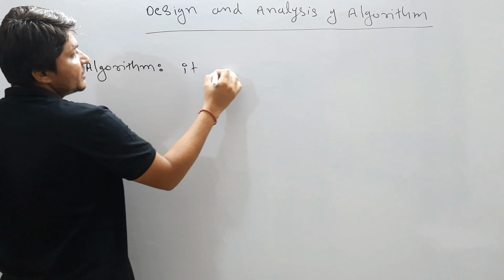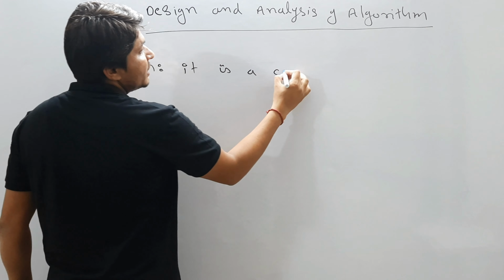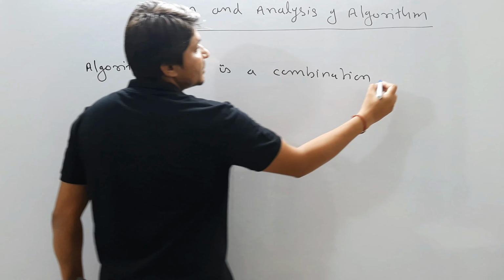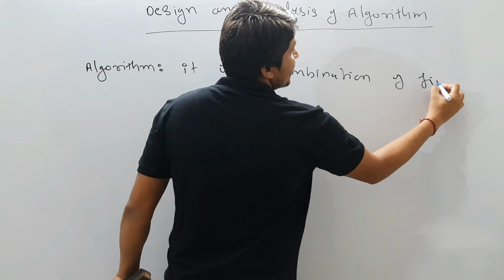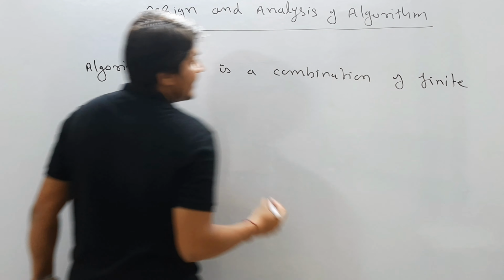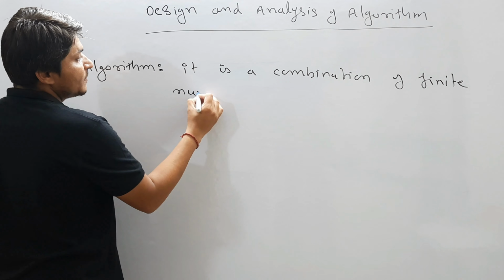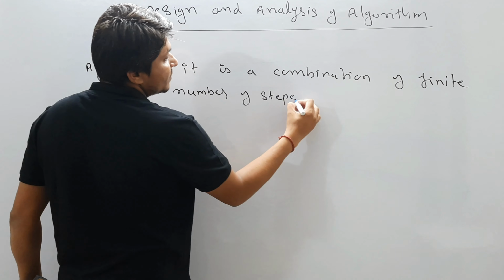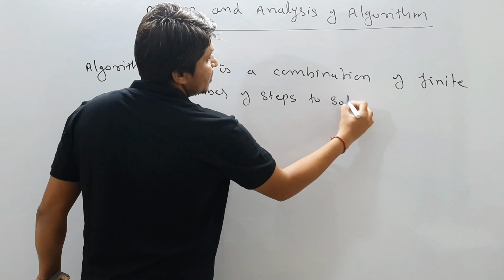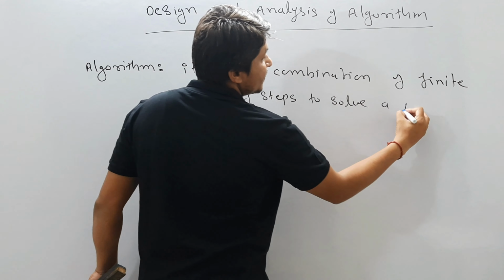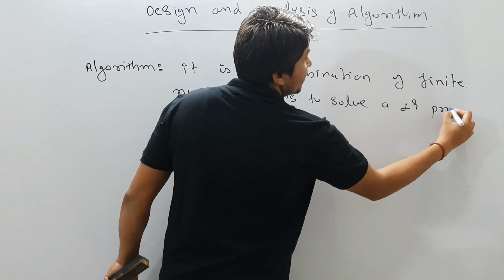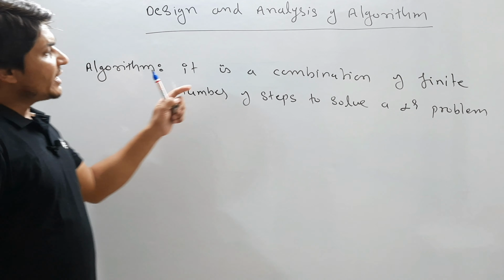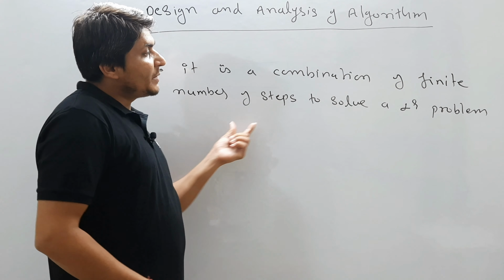It is a combination of a finite number of steps to solve a particular problem, correct? So we have some finite number of steps to solve a particular problem.